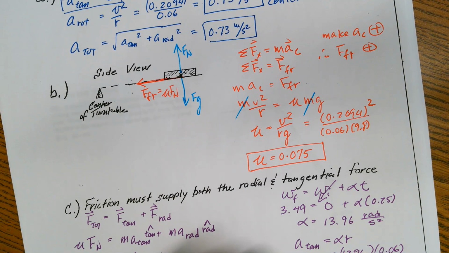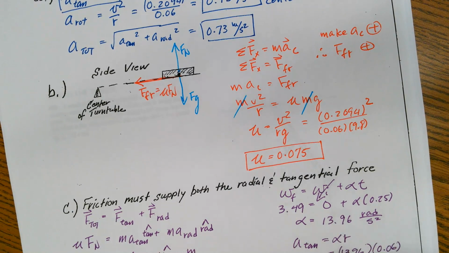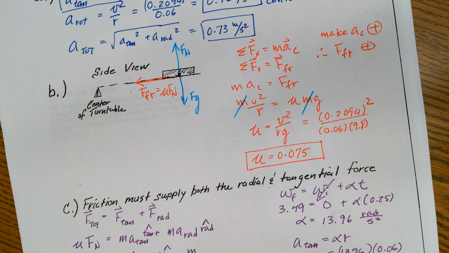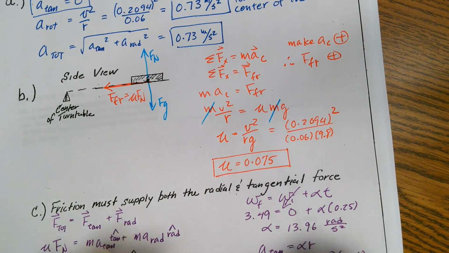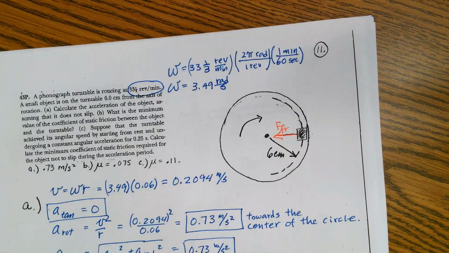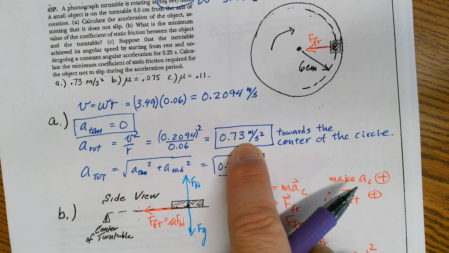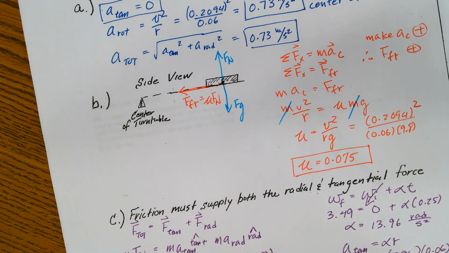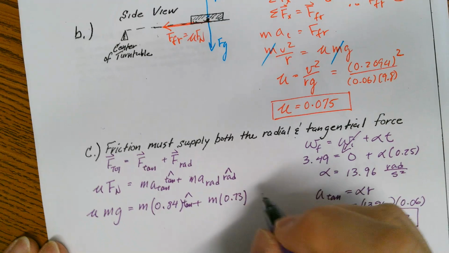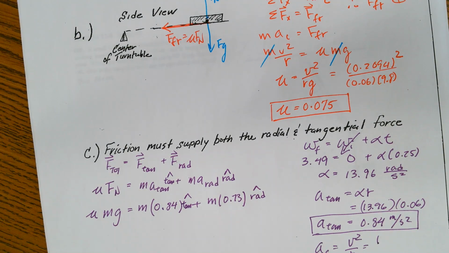This is tangential hat, by the way, sorry, I always forget that. So what's a radial? A radial is a sub c, which is equal to v squared over r, and that is 0.73 meters per second squared, in the radial direction. So they're perpendicular to one another, okay?